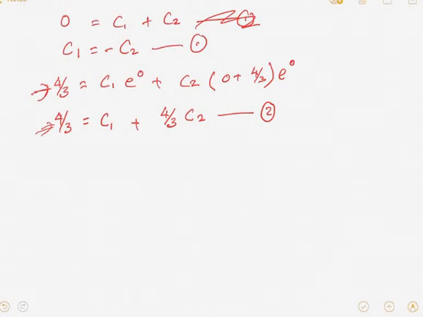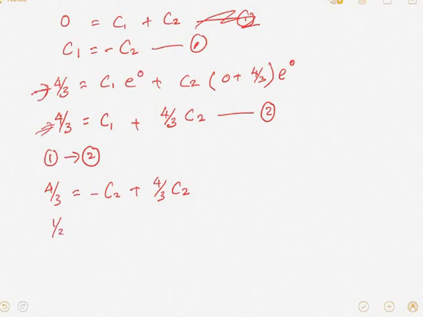Then you substitute the first equation into the second equation. The first equation is c1 equal to negative c2. So you have 4 over 3 equal to negative c2 plus 4 over 3 c2.